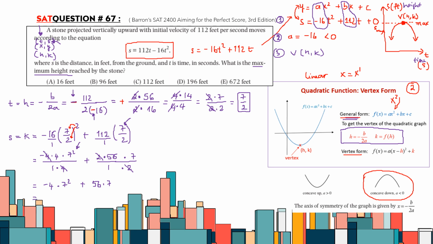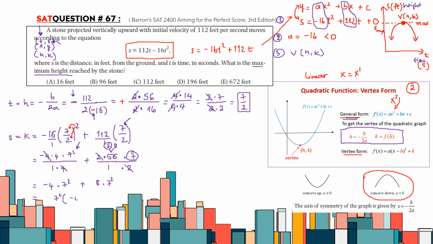Now we will have 56 is 7 times 8. So instead of writing 56, I'm writing 7 times 8. And I have 8 times 7 times 7, that is 7 squared.